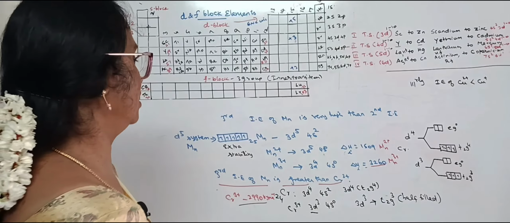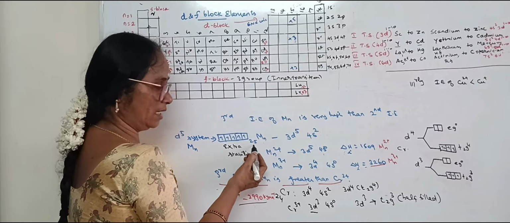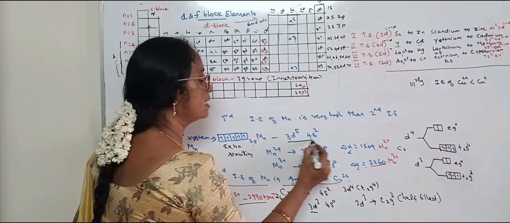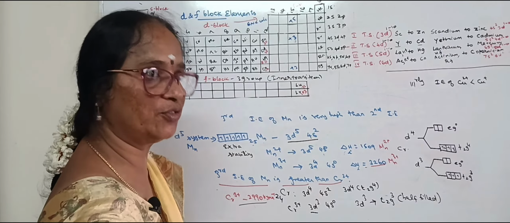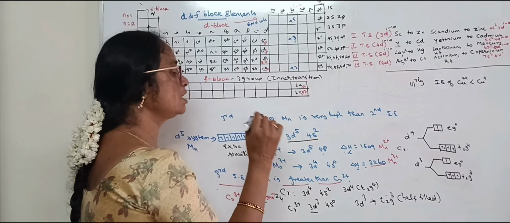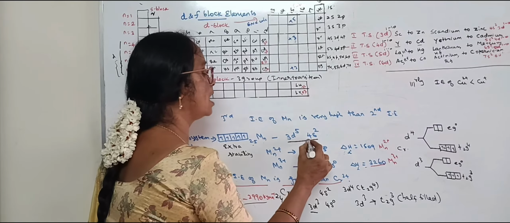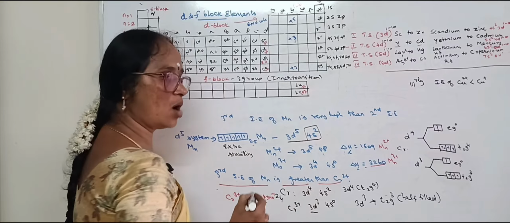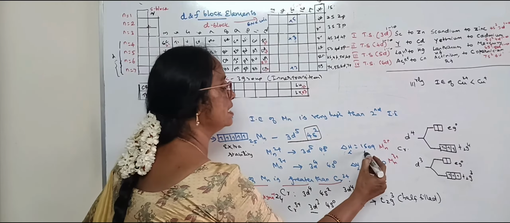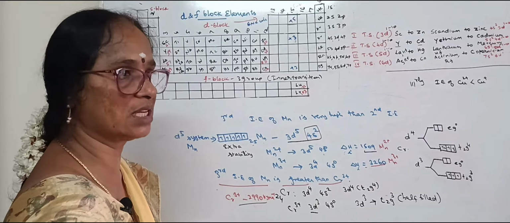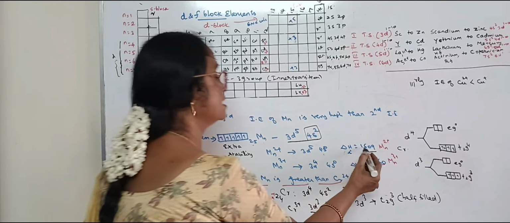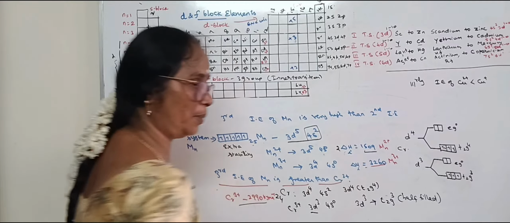This is because manganese has atomic number 25 and electronic configuration 3d5 4s2. The first 2 electrons are lost from the 4s orbital, for which the ionization enthalpy is found to be 1509.